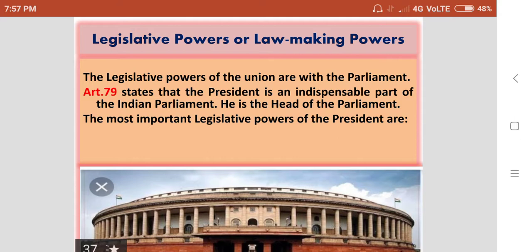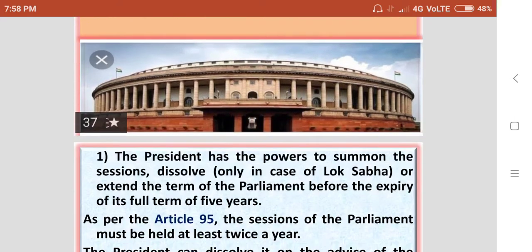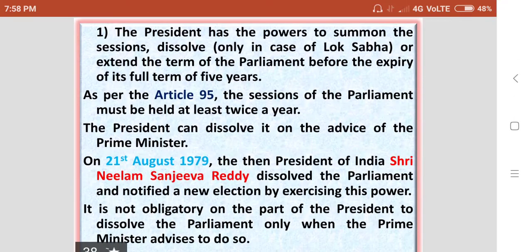We can see the Parliament building in the image where the lawmaking process is held. So sometimes the President has some legislative powers. Let us see what they are.